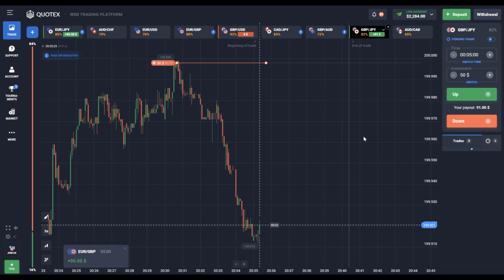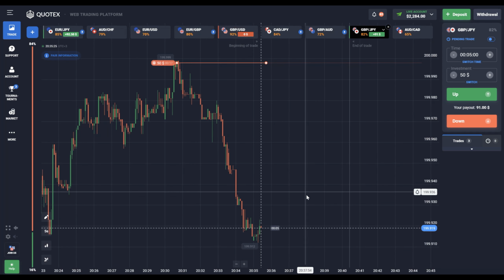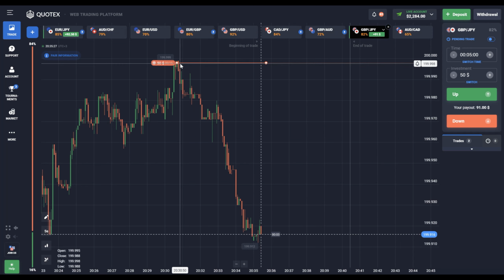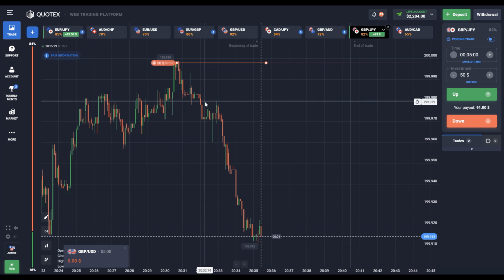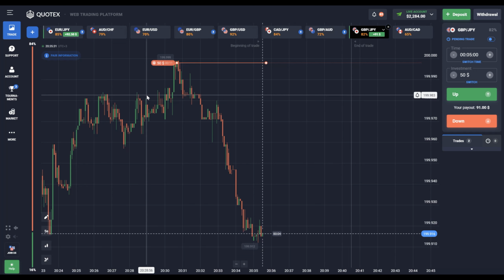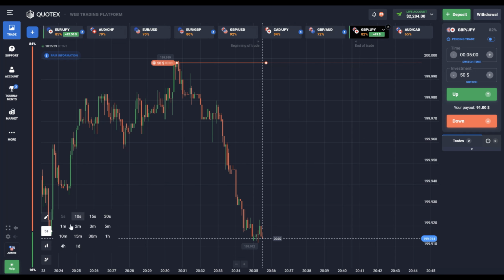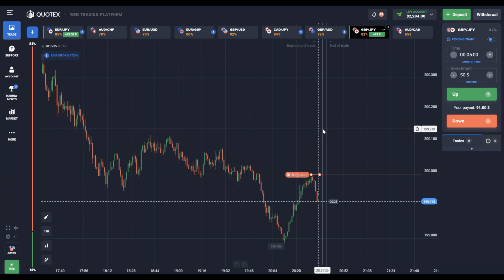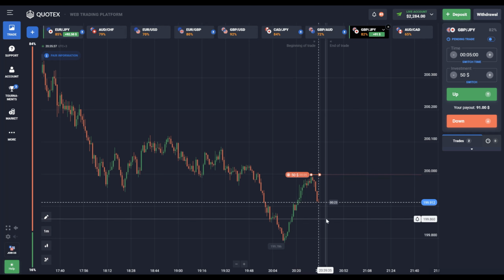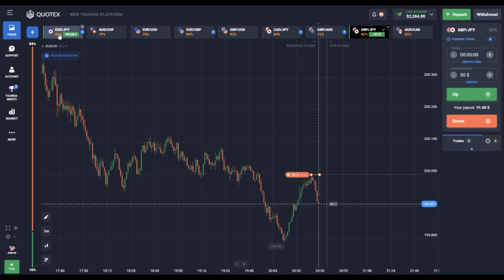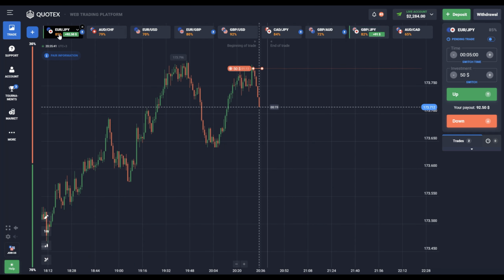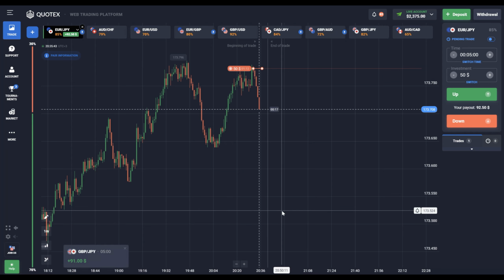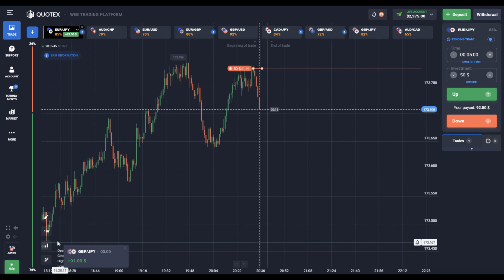British pound yen, everything is perfectly stable here. The price was never in the red, so as soon as I initially opened the trade, the price has always remained in profit. That's very, very good. The signal worked out very well. You can clearly observe on the higher time frames that everything is progressing exceptionally well, indicating a strong and favorable trend, and it's precisely the same advantageous situation with the euro-yen currency pair.